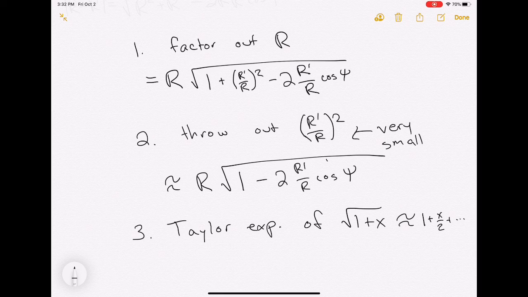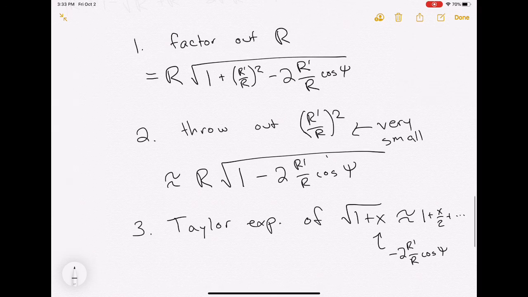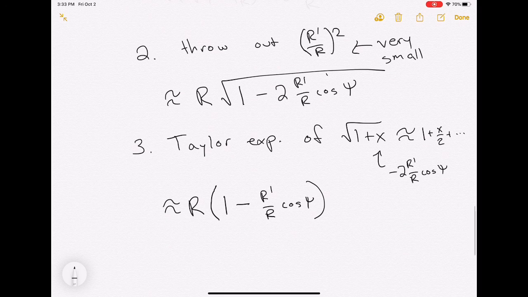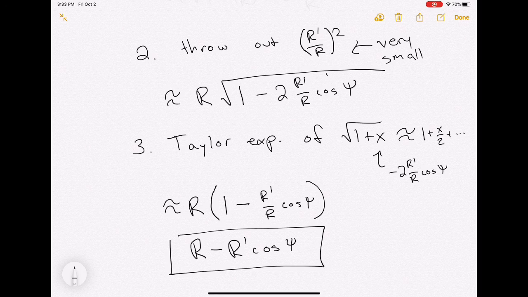In this case, x is actually minus 2 r prime over r cosine psi, meaning that what we actually have now, this is our second approximation, is r times 1 minus r prime over r cosine psi. Or, if we simplify that a little bit more, r minus r prime cosine psi. Same answer as before that goes into the phase term.